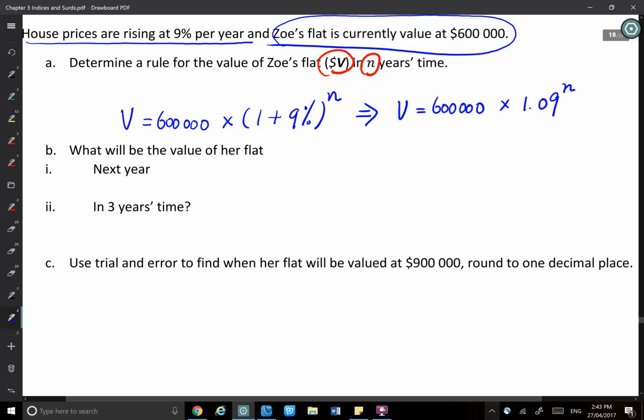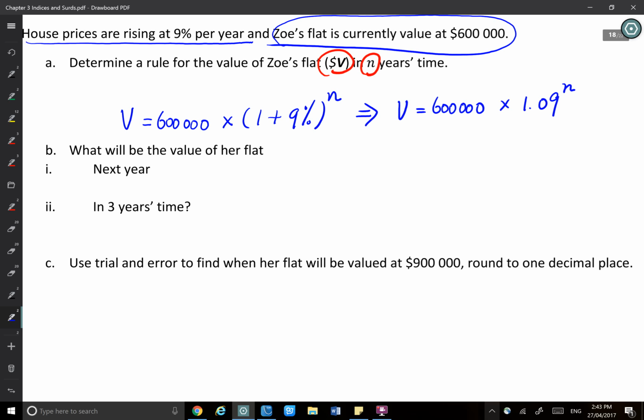What will be the value of the flat next year? Next year is after 1 year.